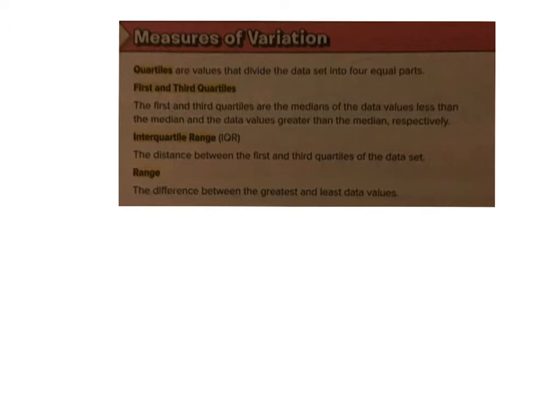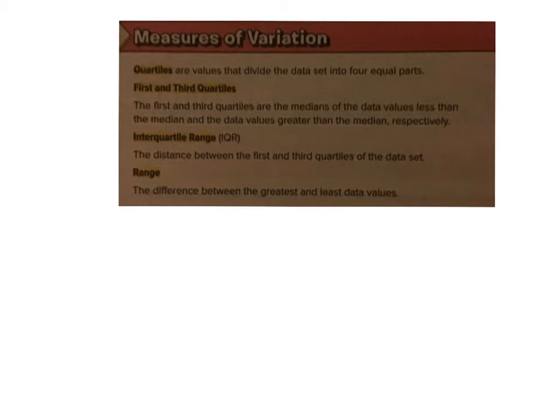All right, this is part 2 of our measures of variation, and I'm going to start by reviewing the terms that we had. Yesterday, we talked about quartiles, and quartiles, I think of like a quarter, which is a fourth of a dollar.